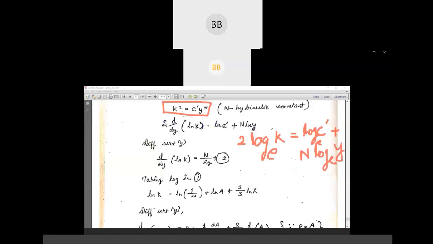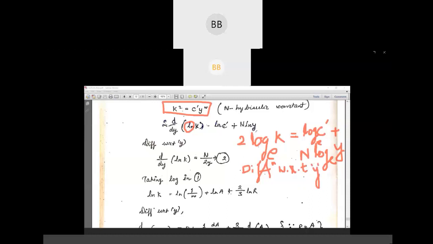Taking log on both sides, you will get this expression. Here I am using ln, it's nothing but your log e. After this equation, you can write differentiating with respect to y.